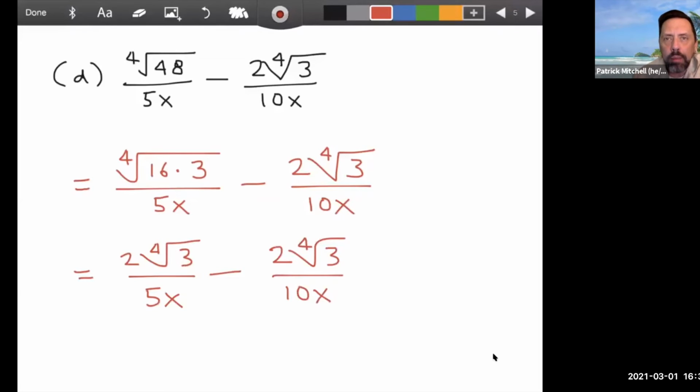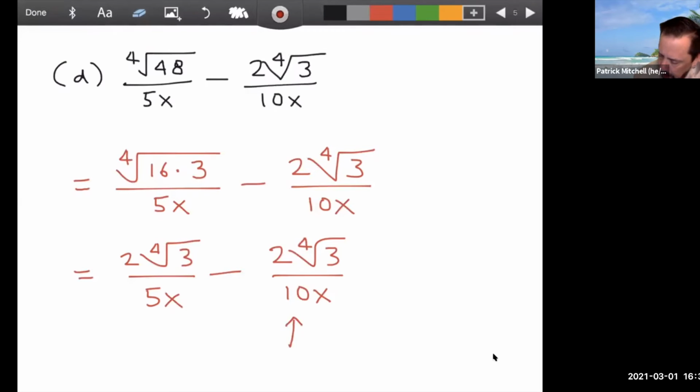All right, so I'm going to address something that you may have noticed. This fraction could be simplified, right? There is a common factor 2 in the top and the bottom. So it would be perfectly fine to simplify that fraction. And as it happens, then your two fractions will have the same denominator.